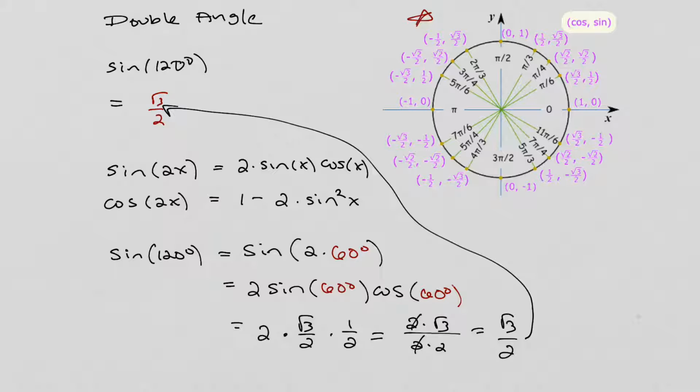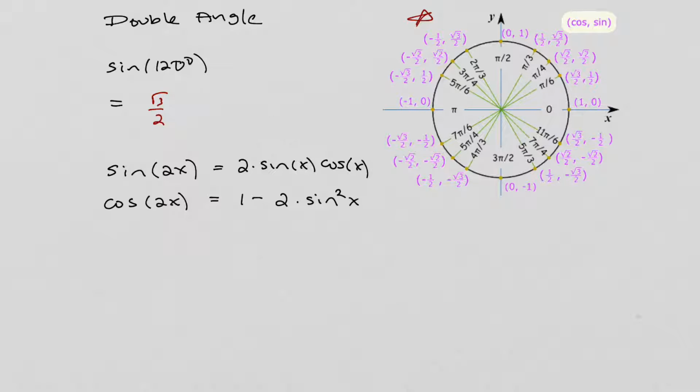Well, what if we have something which isn't quite on our unit circle? We'll look at some of those in a second, but let's do a few more examples. If I wanted to do a cosine example, what if I wanted cosine of 270 degrees?